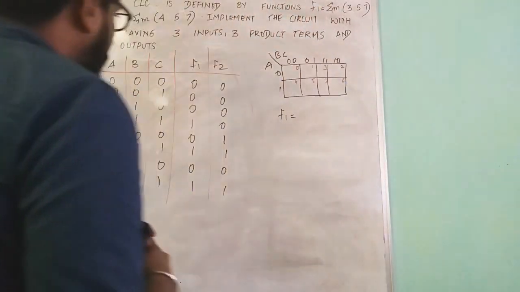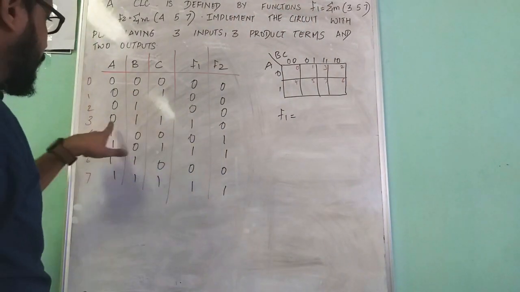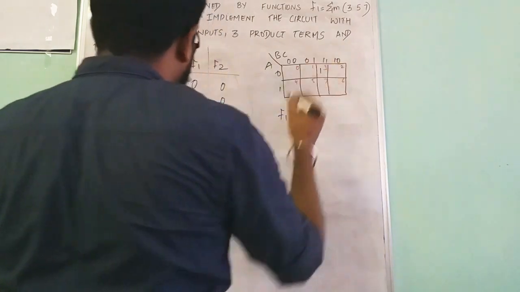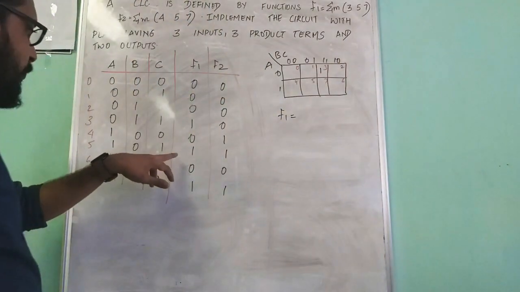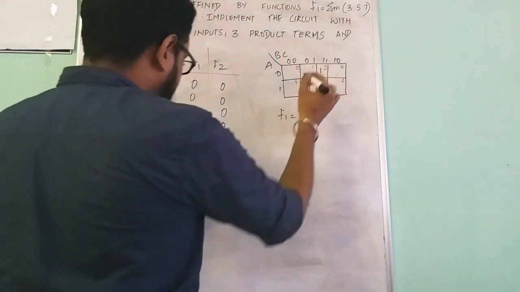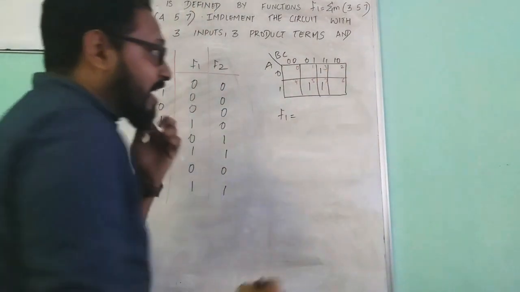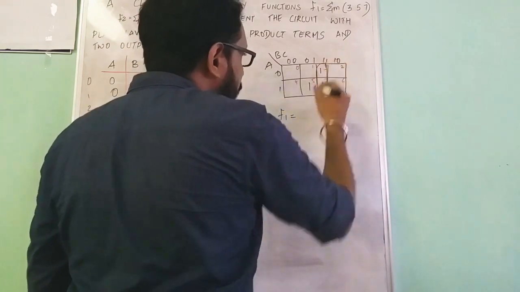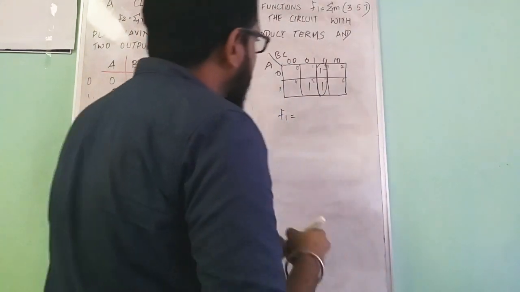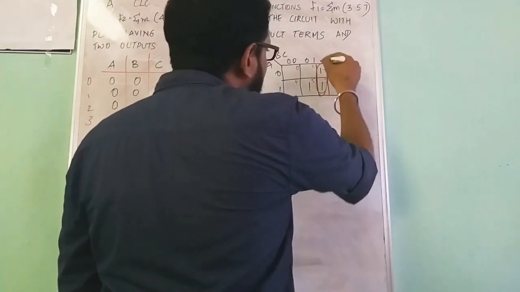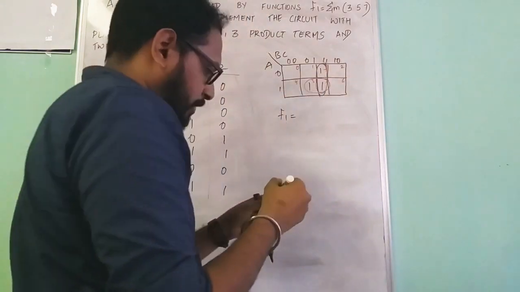In the case of F1, for 3 we have a 1, for 5 we have a 1, and for 7 we have a 1. And what about the plotting? This is one pair, and this is the next pair.